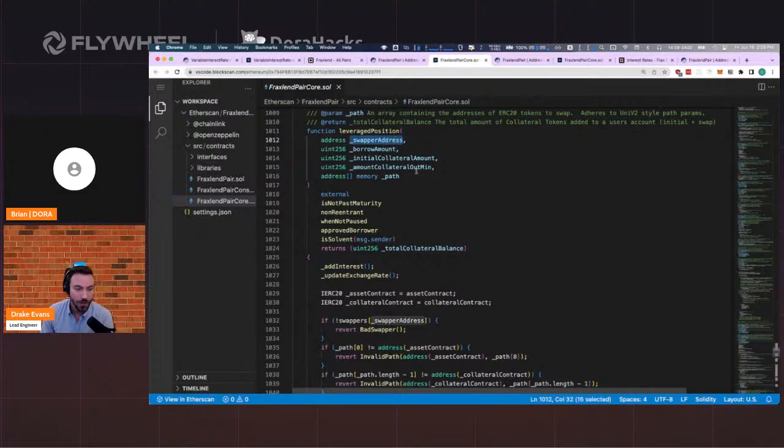However, if you wanted to provide one-click leverage through a Uniswap v3 pool or a Uniswap v4 pool, or multi-hop across a bunch of places, you could do that by designing a swapper that adheres to the Uniswap v2 interface. You would have to make a governance proposal to have that whitelisted, but again, I think we're very open to that.